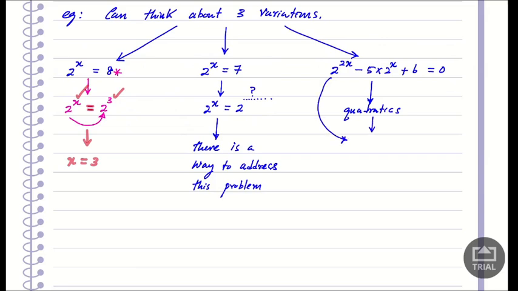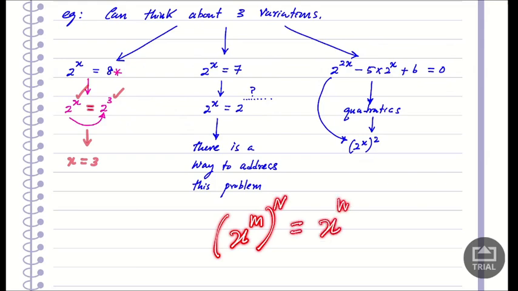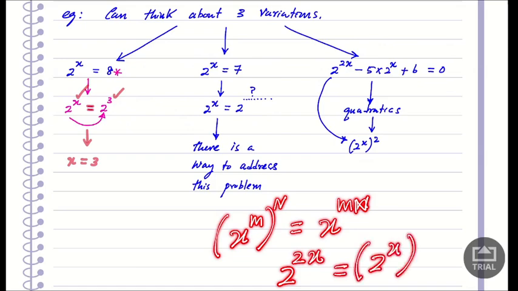So you can write 2 to the power 2x as (2 to the power x) squared. To write it like that, you should know index laws from grade 4, 5, I think, right? Index law says x to the power m, whole thing raised to the power n, can be written as x to the power mn, right?